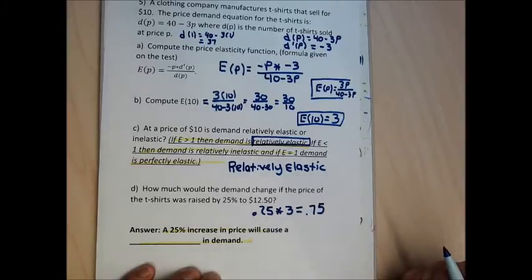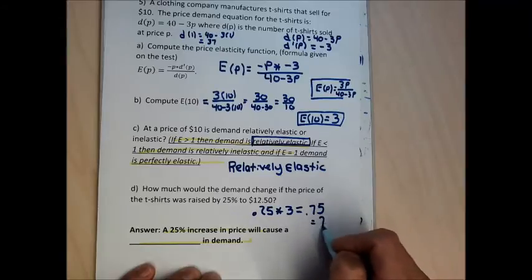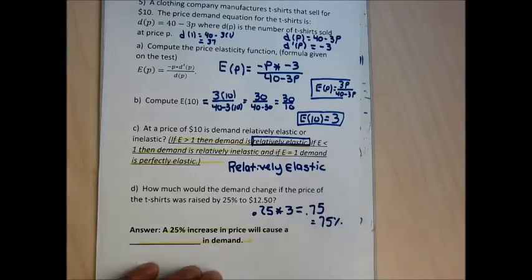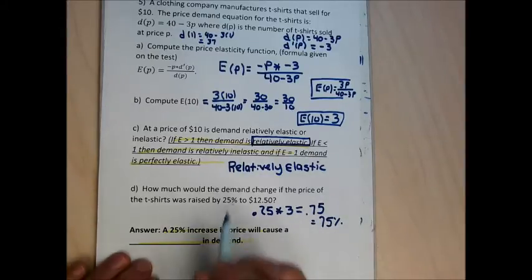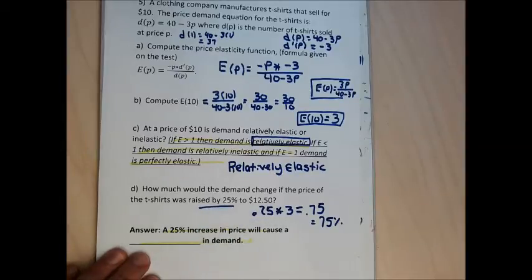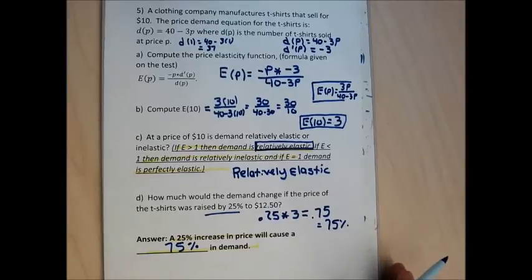That's a decimal. I need to change it back to a percent. That's going to be 75%. And what this tells me is this 25% price increase is going to cause a 75% decrease in demand. As prices go up, demand has to go down. So that's everything for number 5.